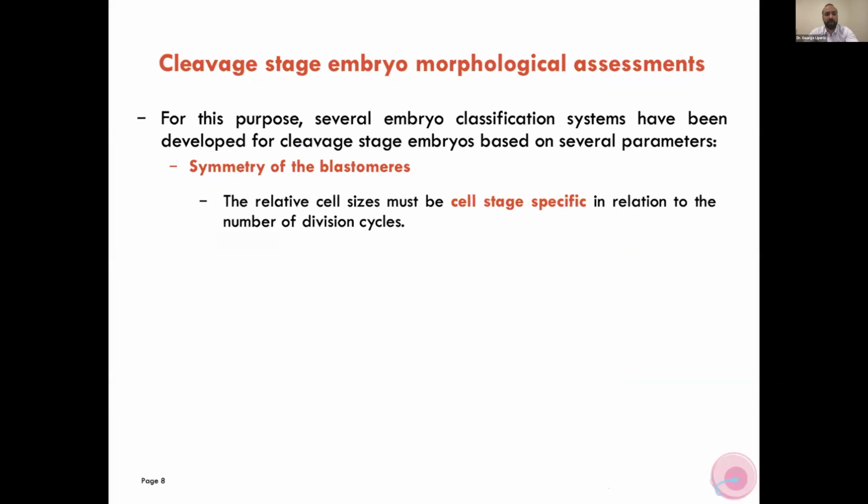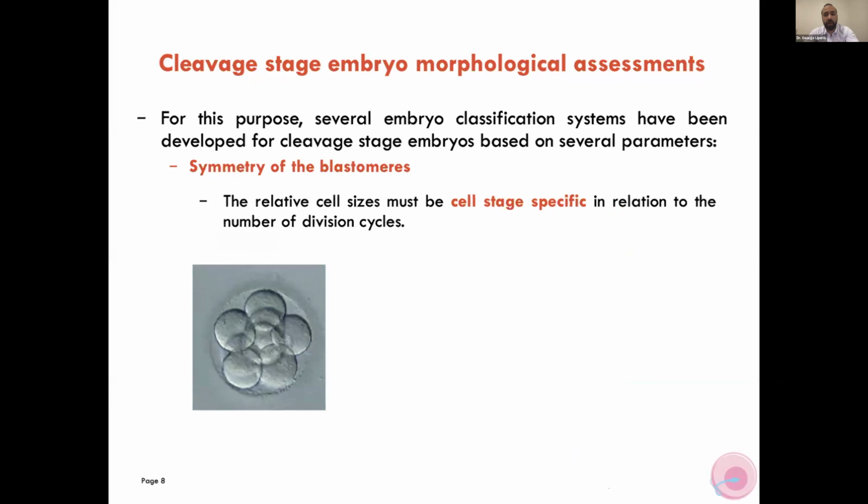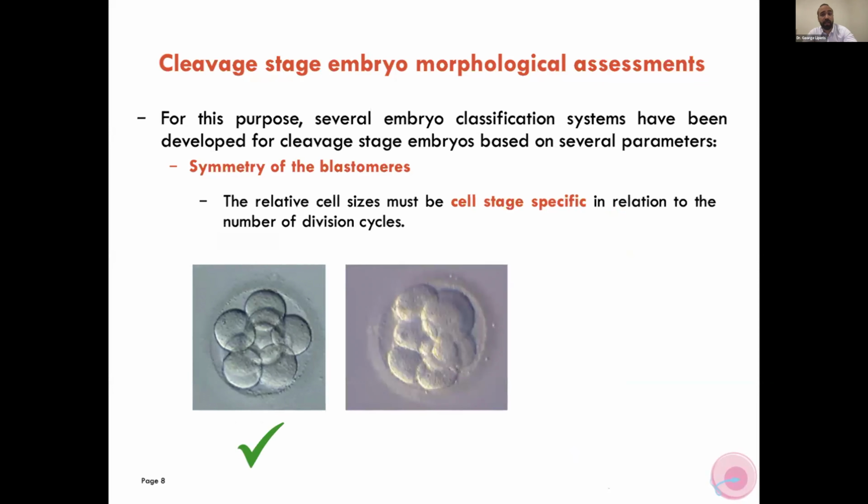And what do we mean by that? Here, for example, we have a nice 8-cell embryo. This is cell stage specific. The embryo has finished its 3rd round of division successfully. So 3 rounds of division has led to 8 cells. Here we can see another 8-cell embryo. However, one of the cells is almost double the size.